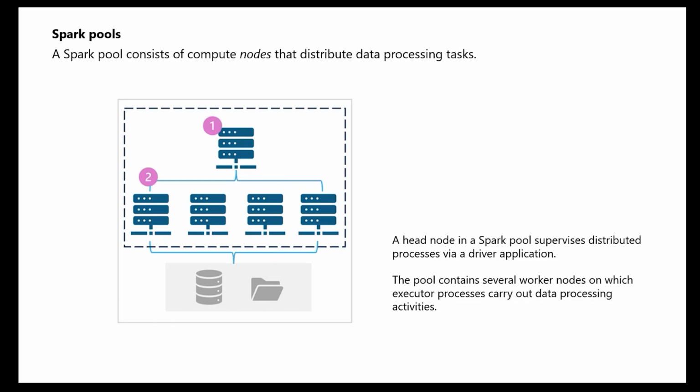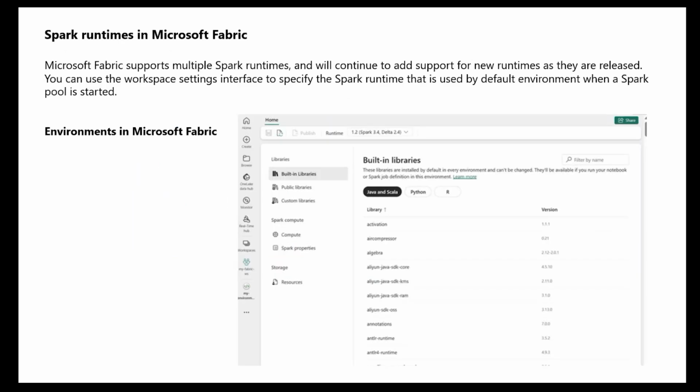So this is what I'm talking about, Spark pool engines: how the master node, the head node, transfers or distributes the data to the worker nodes, which is then stored in the Lakehouse. Suppose we want to import dedicated working libraries, we have an option.